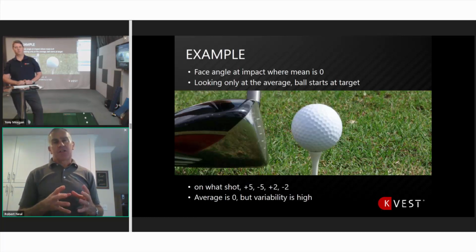So if you looked only at a single swing, you'd get a very skewed piece of information about this player. If you looked at just the average, you'd say, oh yeah, this guy's pretty good.